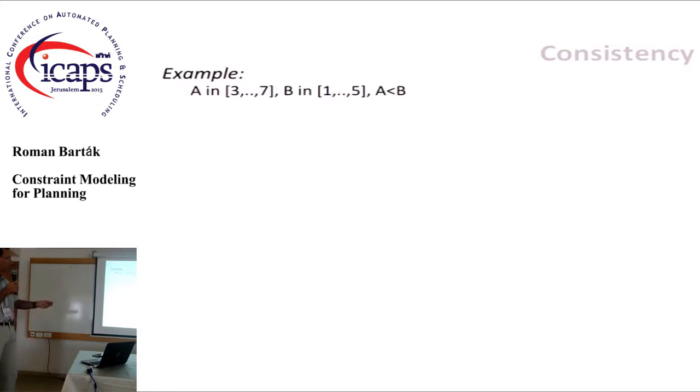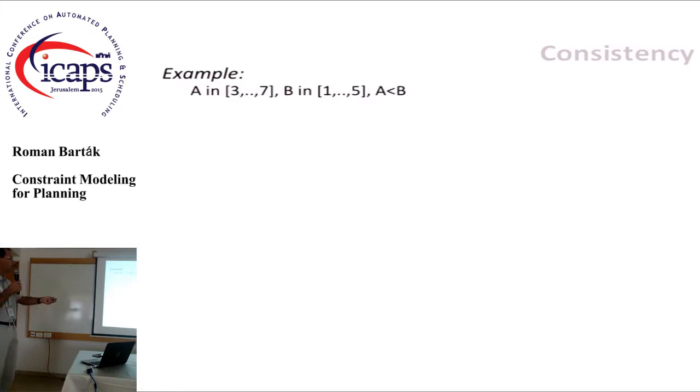If we know the semantic of the constraint, we can look at the constraint and we can immediately say that if A should be smaller than B and the maximum value of B is 5, then obviously the maximum value of A, which could be consistent with any value of B, is 4. So everything which is 5, 3, and 6, 7 is not possible for the value A.